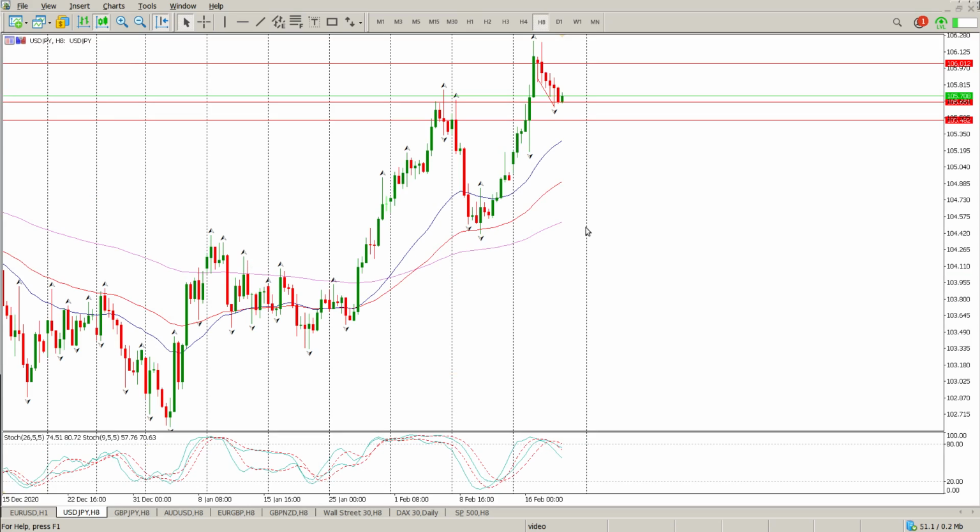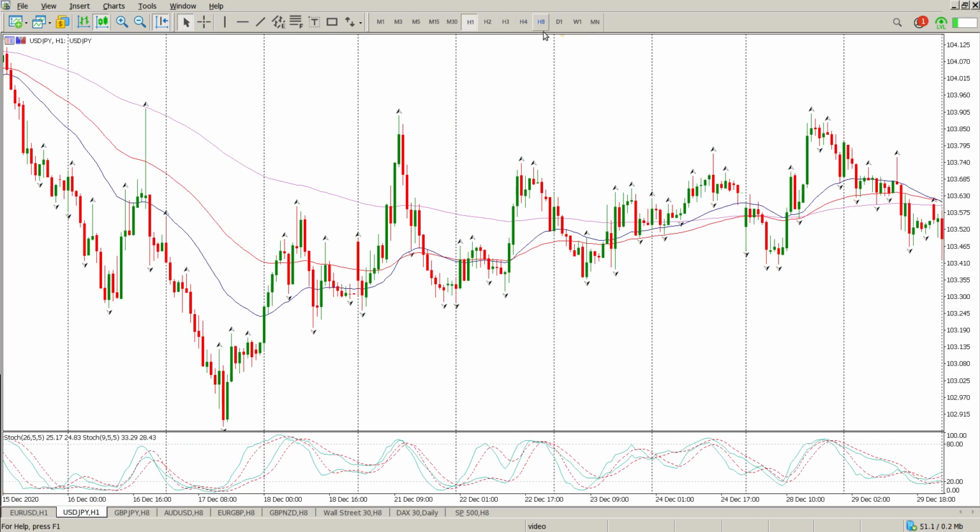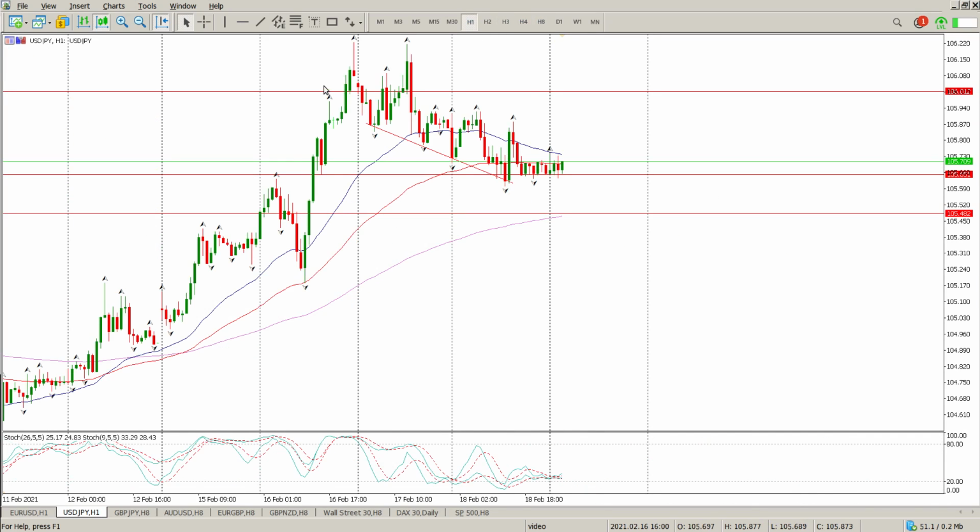US dollar, Japanese yen, similar kind of setup at the moment. So we had a relatively sort of poor day yesterday, and then we have this inside bar forming off structure, and the structure is right here at 105.651. So if we come to the 1 hour, you'll see sideways trading, total chaos, nothing really in it.